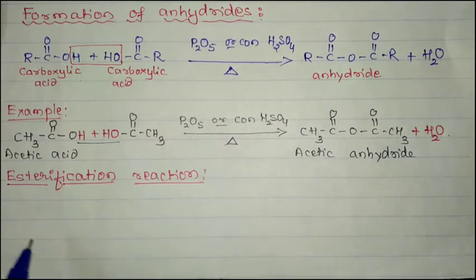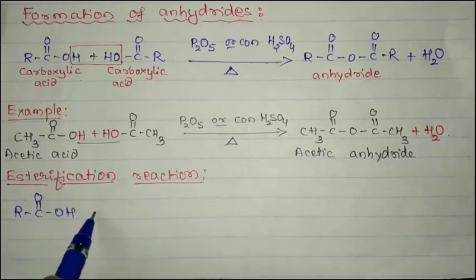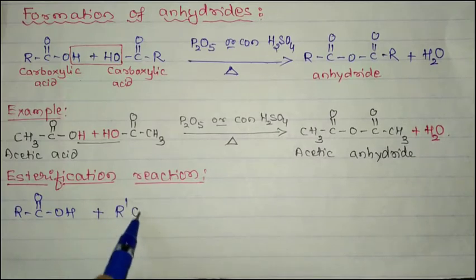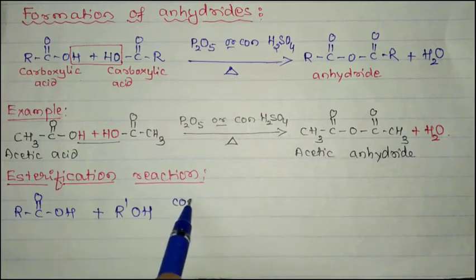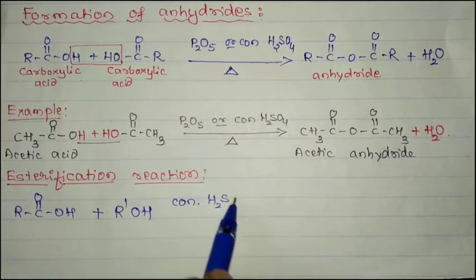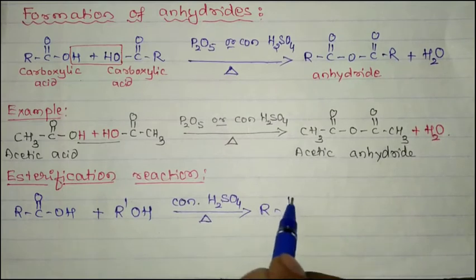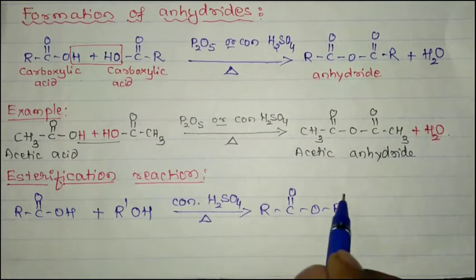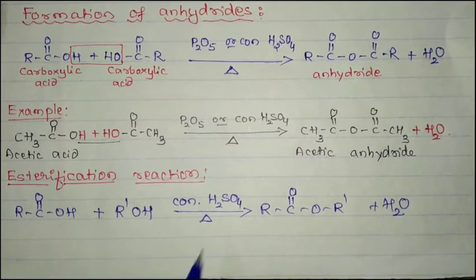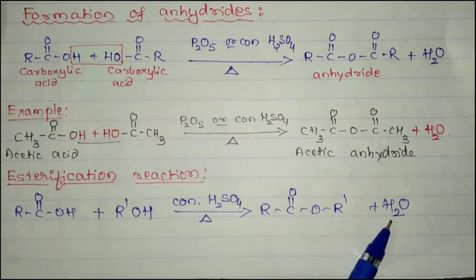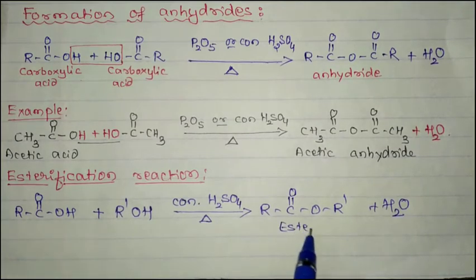When carboxylic acids, RCOOH, are heated with alcohol in the presence of dehydrating agents such as concentrated sulfuric acid, esters are formed, and this reaction is known as esterification. Sulfuric acid is used to remove the water molecule formed during the reaction. Otherwise, hydrolysis of esters takes place.